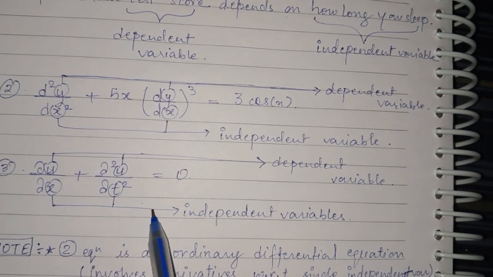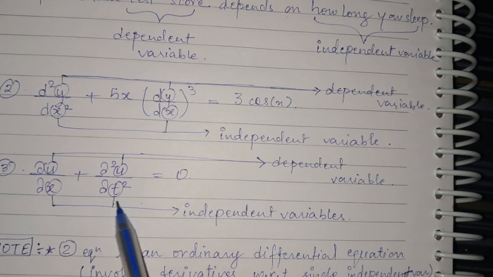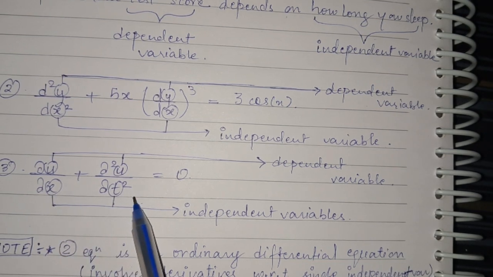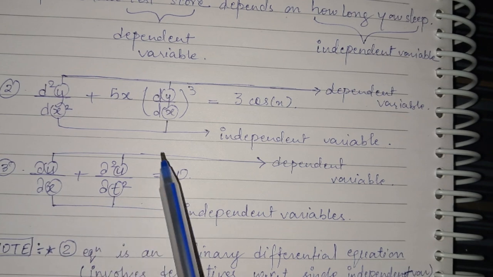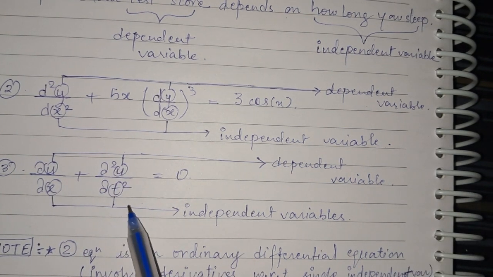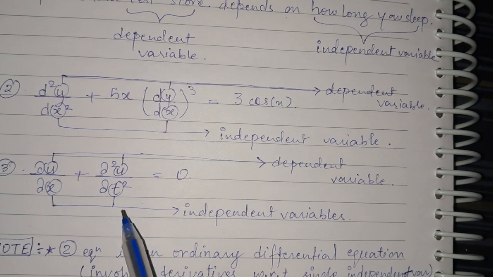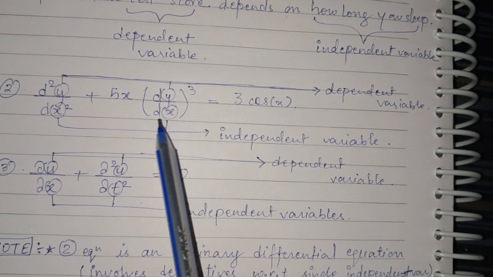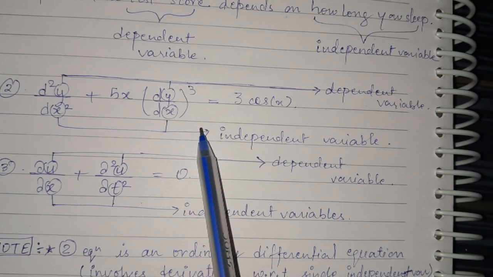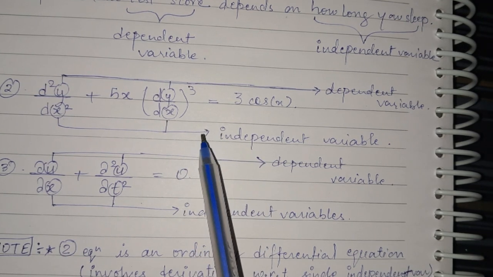In the third equation we had two independent variables, x and t. That's why it is a partial differential equation, not an ordinary differential equation.